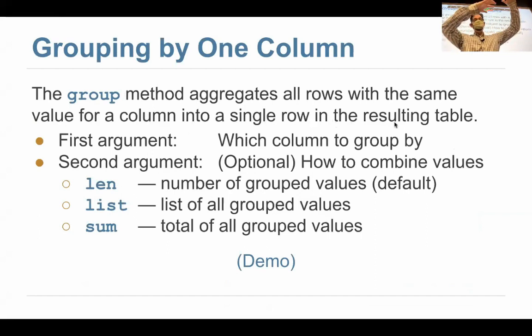So there were many rows that are now collapsed into one row. The first argument to group tells you which column to group by. There's a second argument, which is optional. So far, we've never seen it, but now I'm going to show it to you. The second argument tells you how to combine the values in all the other columns.